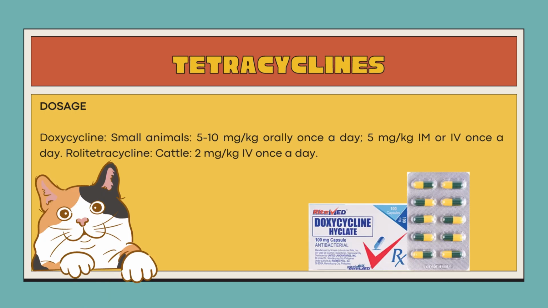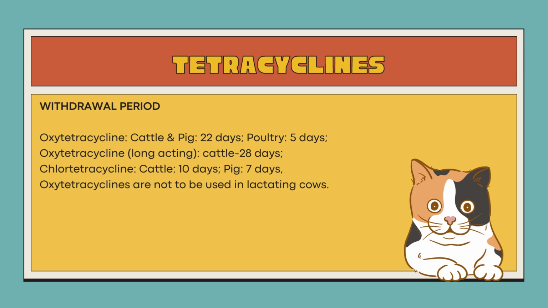For the drug doxycycline, small animals should be given 5 to 10 mg per kilogram orally once a day or 5 mg per kilogram intramuscularly or intravenously once a day. Lastly, for the drug rolitetracycline, cattle should be given 2 mg per kilogram intravenously once a day.